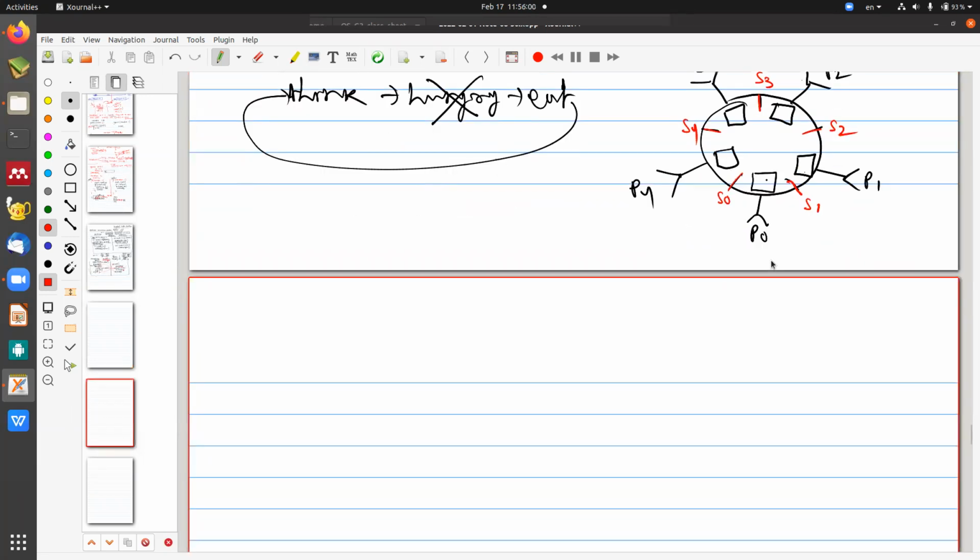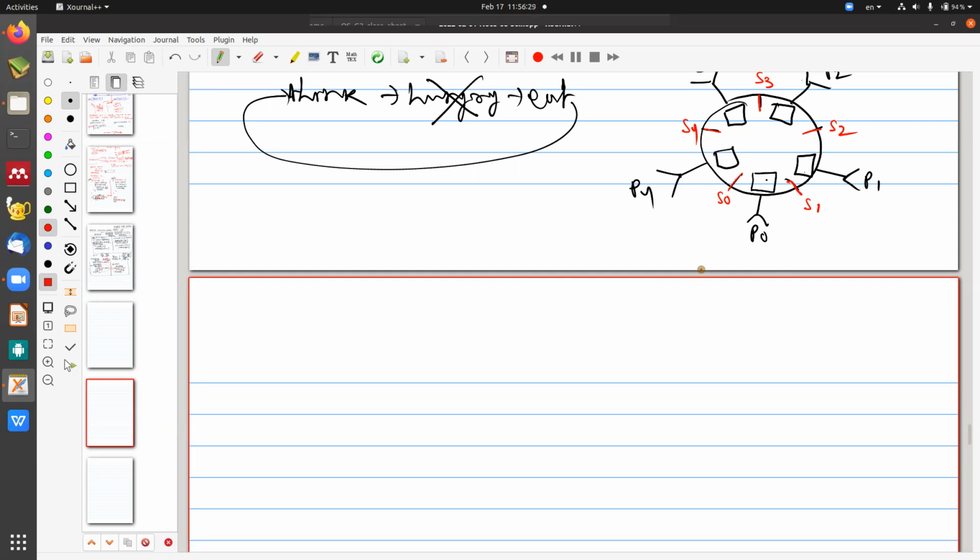Now how to do it? A very simple approach. Which kind of resources? S0 is one resource which can be accessed by only one fellow at a time. So definitely I have to put a lock kind of thing for S0. I cannot put a normal counting semaphore for S0, because it will be accessed by only one person at a time.